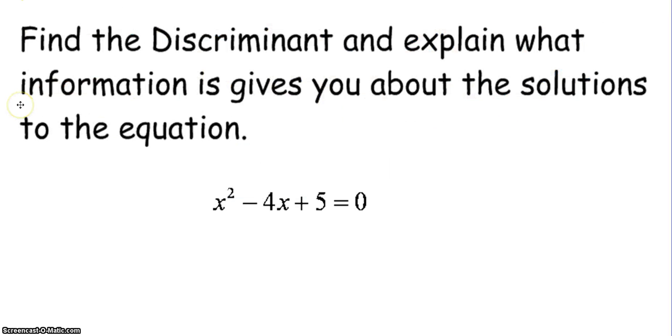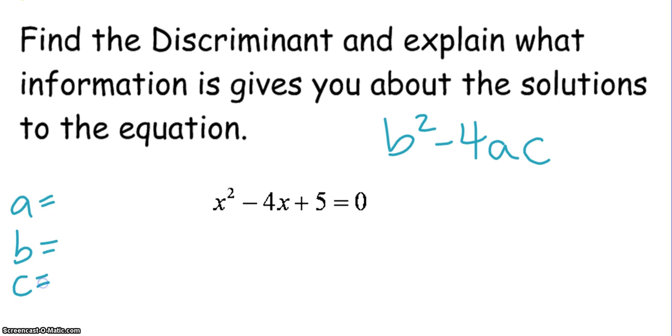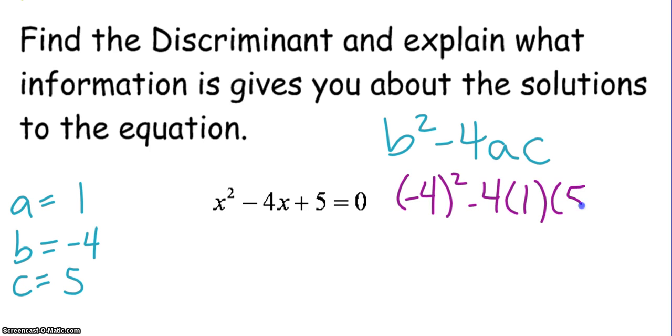So let's go ahead and try to find the discriminant here. Now, b squared minus 4ac involves a, b, and c. So step 1 is still find your a, your b, and your c. Well, a is 1, b is negative 4, and c is 5. So let's take that information: negative 4 squared minus 4 times 1 times 5.